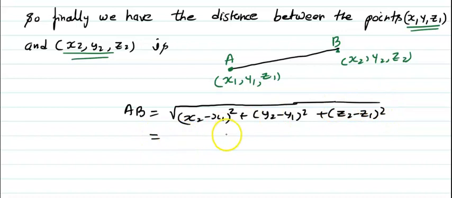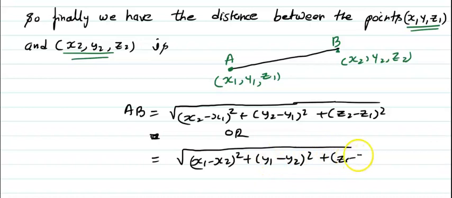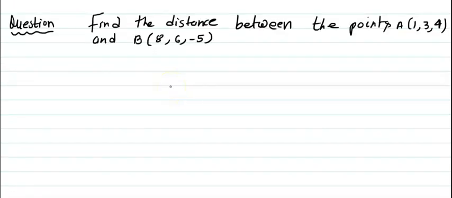Okay, but if you want, you can write this as well: x1 minus x2 whole square plus y1 minus y2 whole square and z1 minus z2 whole square. Just follow only one. Okay, so based on the formula above which I have explained, here is the question.